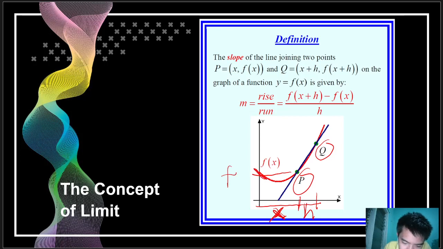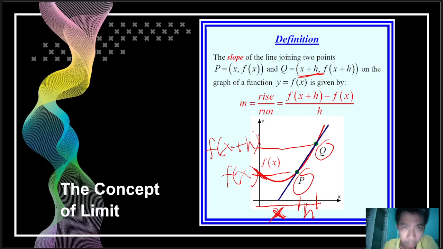This is your f of x, and same with Q. This is f of x plus h, because this is x plus h. So basically, your Q has these coordinates, x plus h on the x-axis, and f of x plus h on the y-axis. And of course, your P has these coordinates, x and f of x.